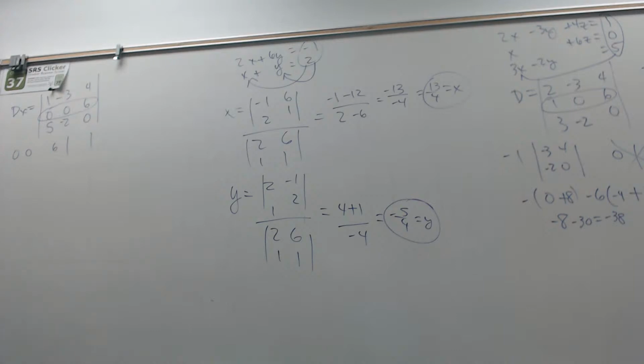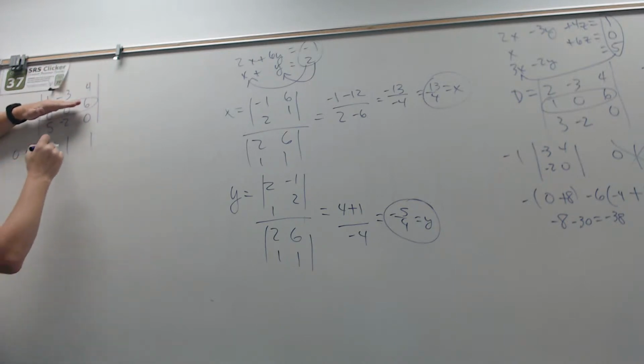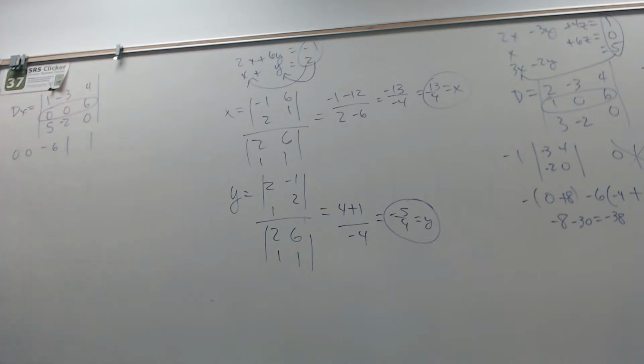That's negative 6, okay? So we're left with 1, -3, 5, -2. So -6 times 1 times -2 minus -15.